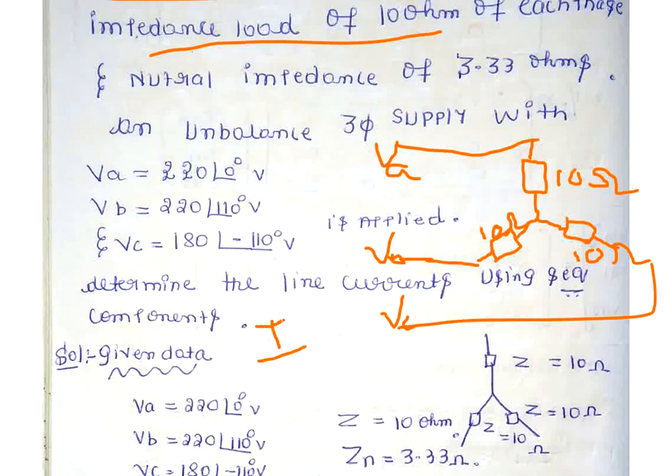What is my IA, what is my IB, and what is my IC? I need to find the line currents IA, IB, IC.